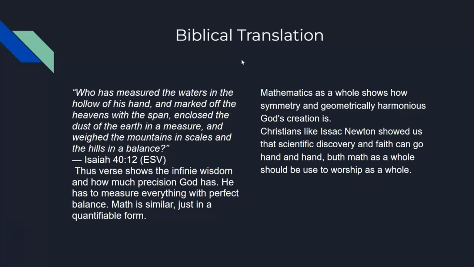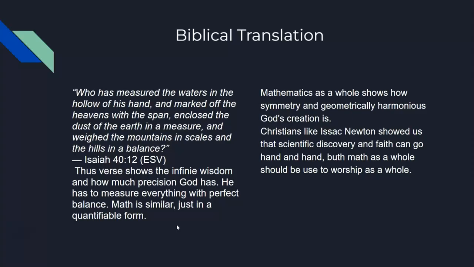And then I want to go into the biblical connection, which is Isaiah 40:12: who has measured the water in the hollow of his hand and marked off the heavens with a span, enclosed the dust of the earth in a measure, and weighed the mountains in scales and the hills in a balance? This verse shows the infinite wisdom and how much precision God has. He has to measure everything with perfect balance.